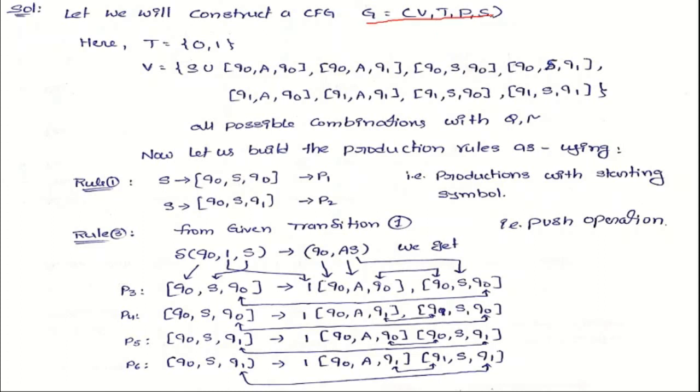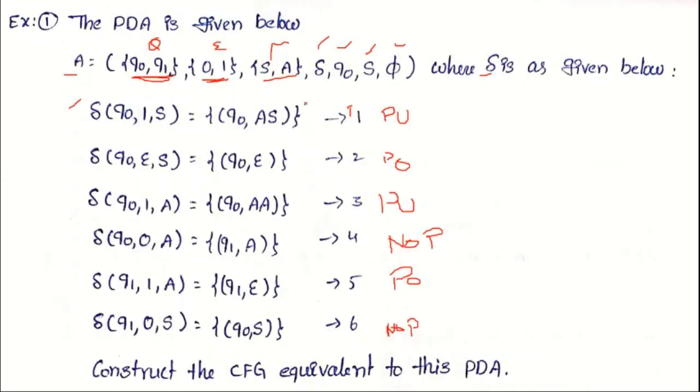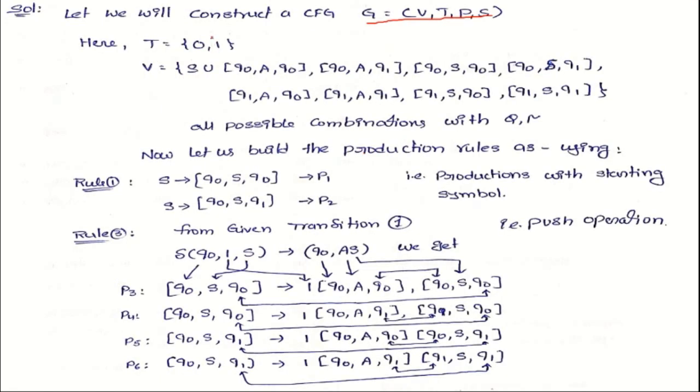So here G equals (V, T, P, S), and here T, the set of terminals, is already given in the problem. Those are 0, 1. This is T, and S is Q0. These are some details from the given data. And the set of non-terminals V consists of the different combinations of possible non-terminals from the given pushdown automata.